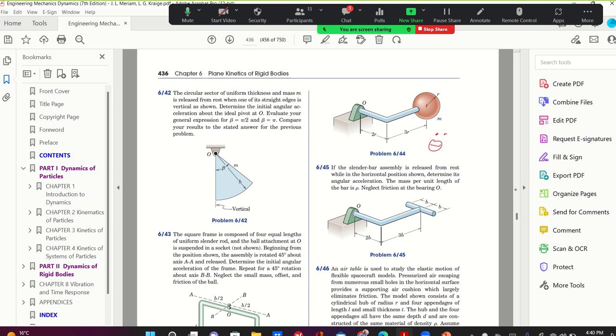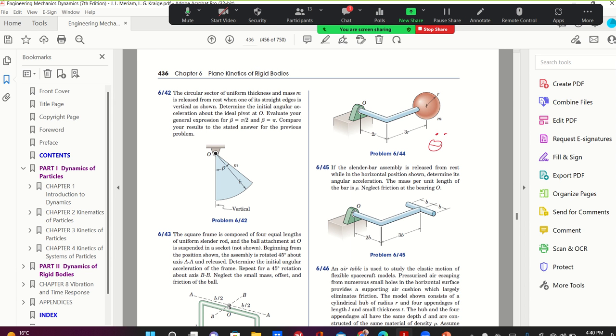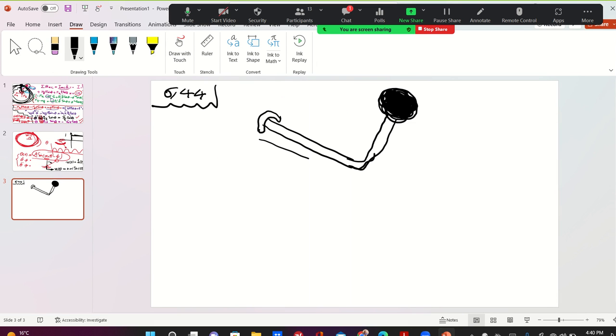So we are releasing from this horizontal position, and I'm going to calculate the angular acceleration. Here is 2r, and here is 3r.